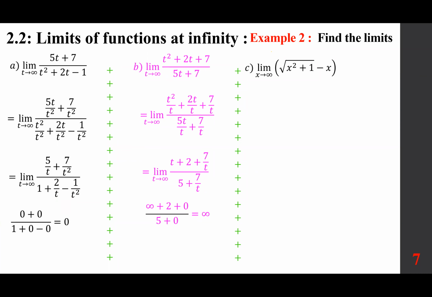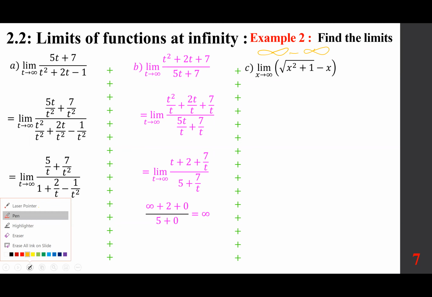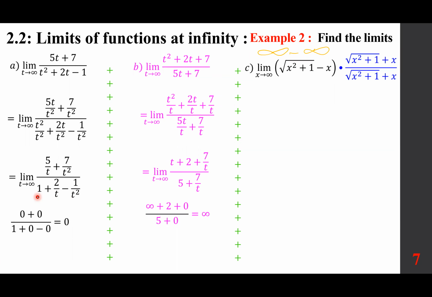What happens here? If we plug in, we get infinity minus infinity. When we get infinity minus infinity, which is indeterminate, the technique was to multiply by the conjugate and divide by it. So when we do that, this piece becomes x squared plus 1 minus x squared, and you don't touch the denominator, you keep it.